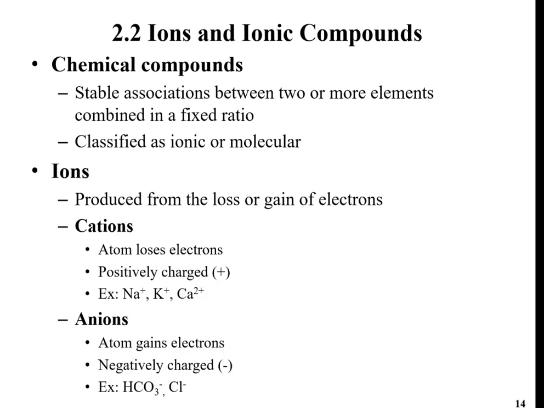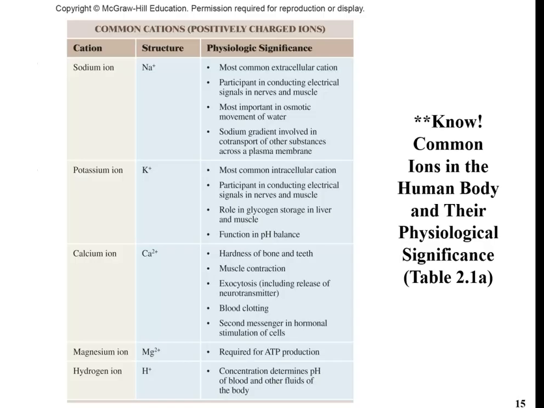We have cations, which are positively charged, and that happens when the atom loses an electron, right? Because electrons have a negative charge. And there's some examples there for you: sodium, potassium, and calcium. And you have anions. These are negatively charged ions, and this happens when an atom gains an electron. Examples given are bicarbonate and chloride.